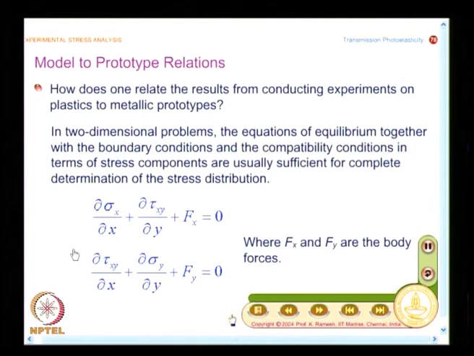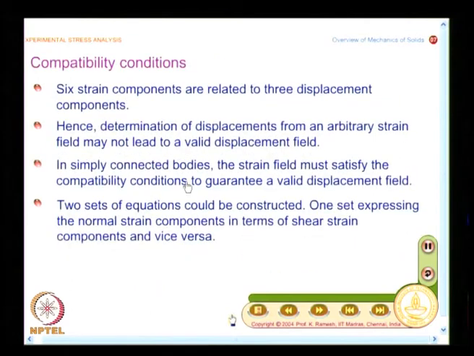And what are compatibility conditions? We will go back and see. From your theory of elasticity understanding, you have 6 strain components, but you have only 3 displacement components. Suppose I find out the strains from displacements, no problem.